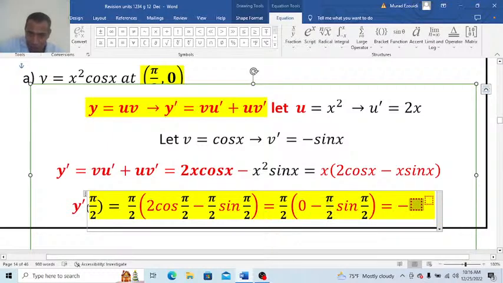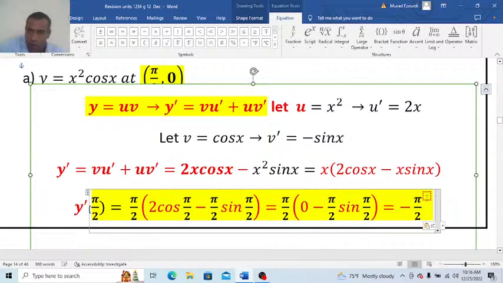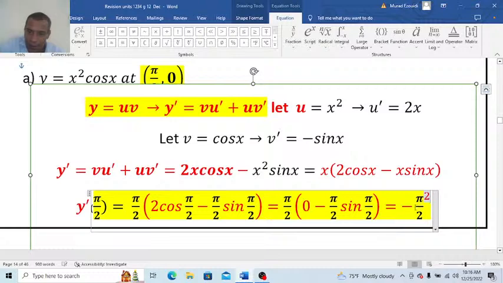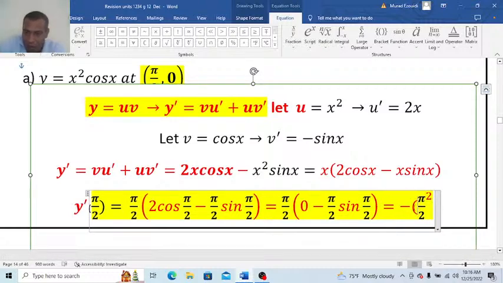It will be pi over 2 multiplied by pi over 2, I'll just write here pi over 2 squared, with pi over 2 between parentheses.